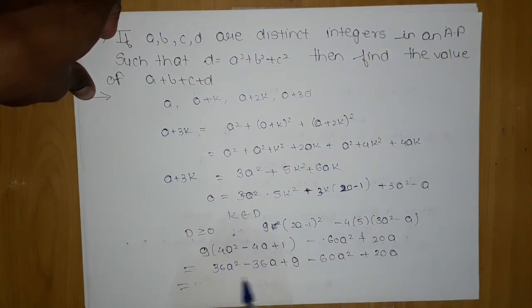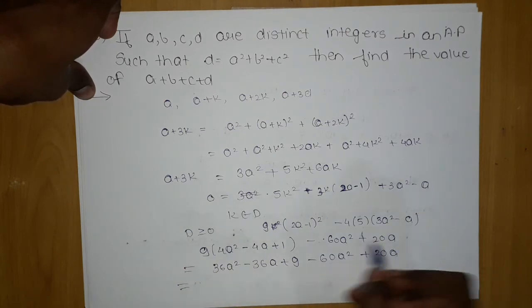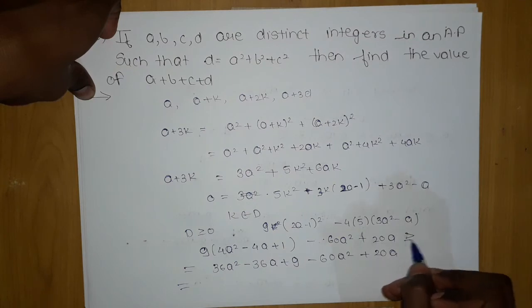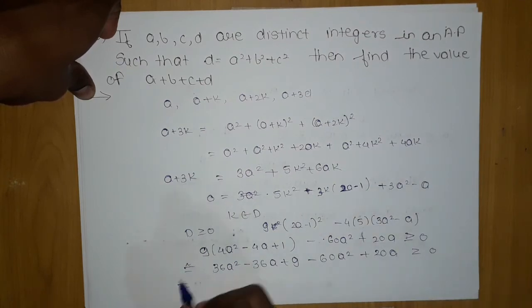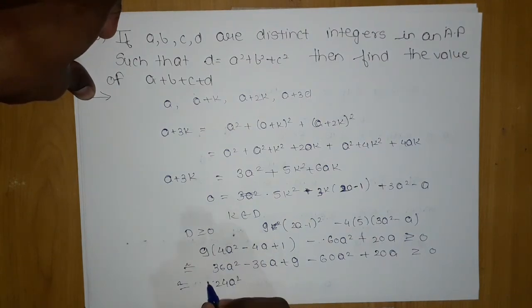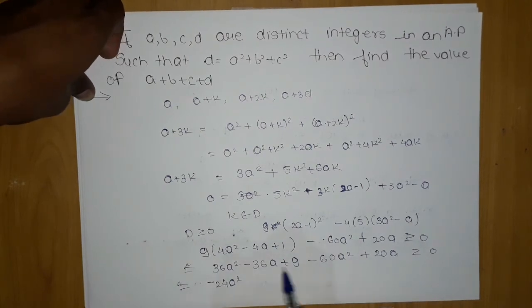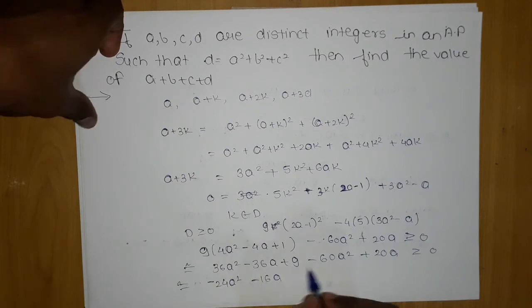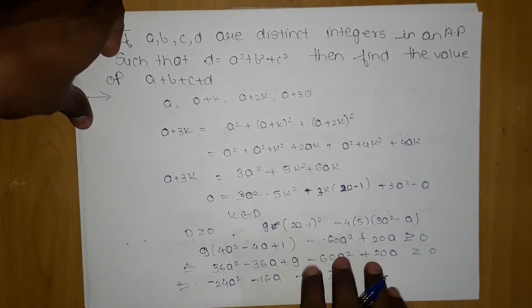Now 36a square minus 60a square gives me minus 24a square, and this gives me minus 16a, and the last thing will be 9 only, greater than or equal to 0.